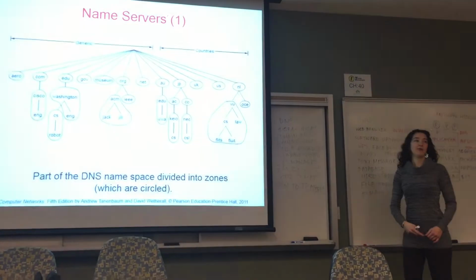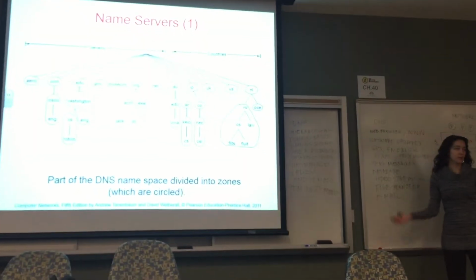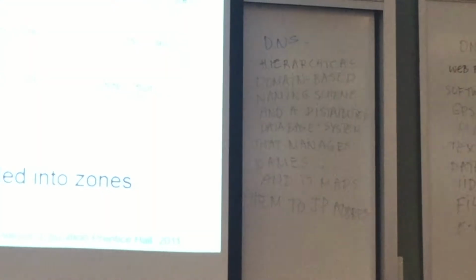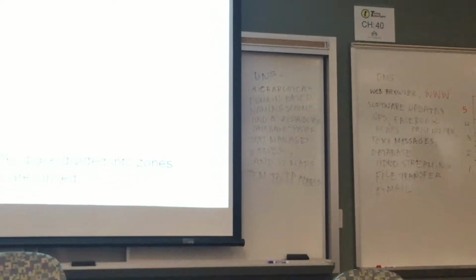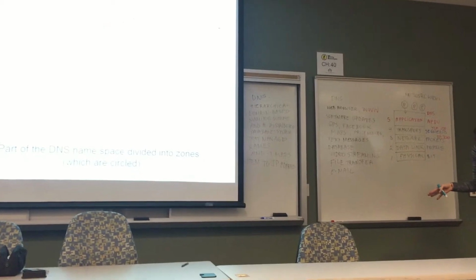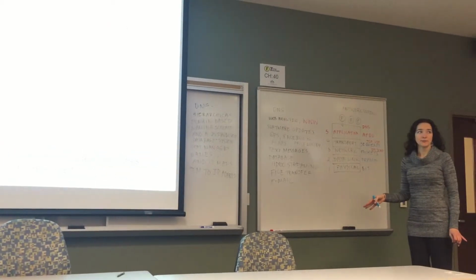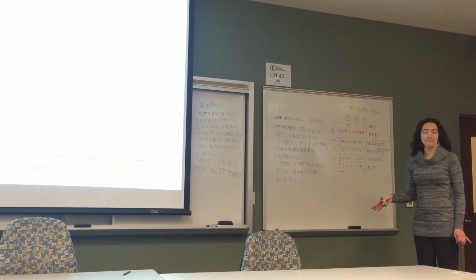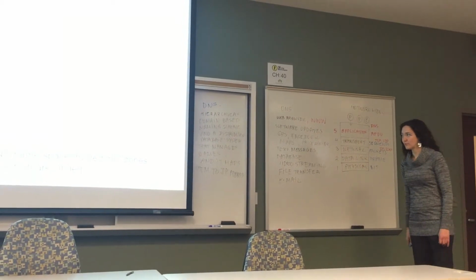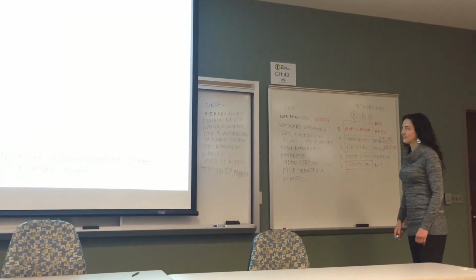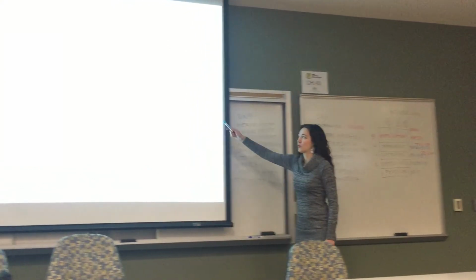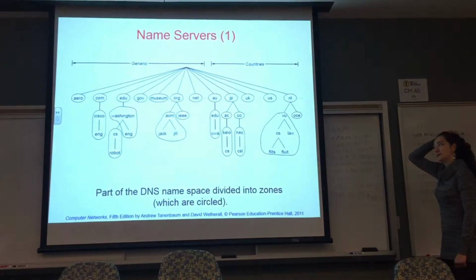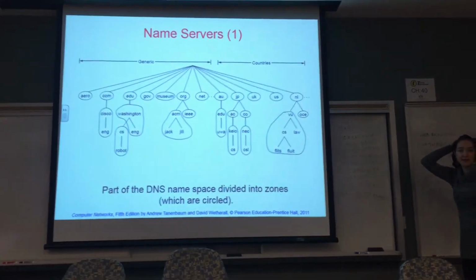Why can't we just have one big server that has all this information in it? But it has to be distributed amongst multiple machines like that. What happens if this stops working? What if the DNS doesn't work anymore?